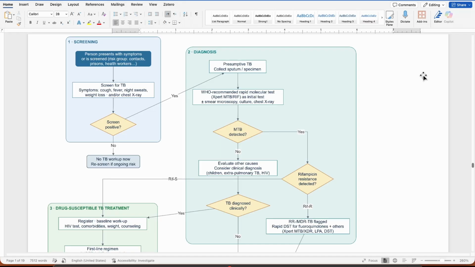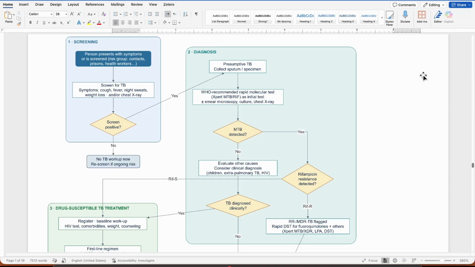Now, diagnosis is where your tests are performed. The first one is going to be sputum test. And basically, sputum is, you can say, the gold standard. Gold standard is actually culture test, but sputum test is pretty much what tells whether you have TB or not, MTB bacteria or not.